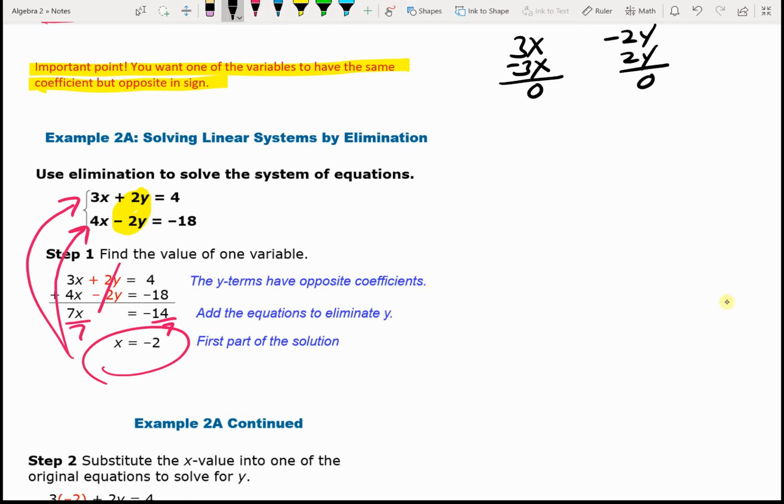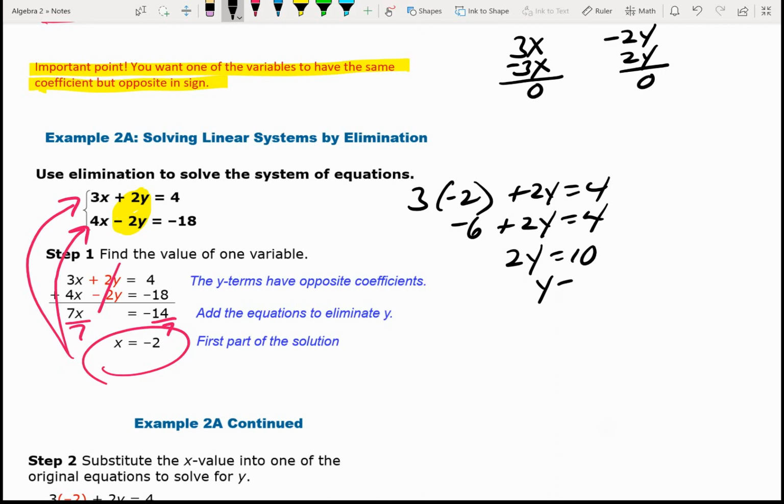So here I have 3 times x, but x is negative 2, plus 2y equals 4. Then I have negative 6 plus 2y equals 4. Add 6 to both sides, I get 2y is equal to 10. I get y is equal to 5. So my solution is x is negative 2 and y is 5.